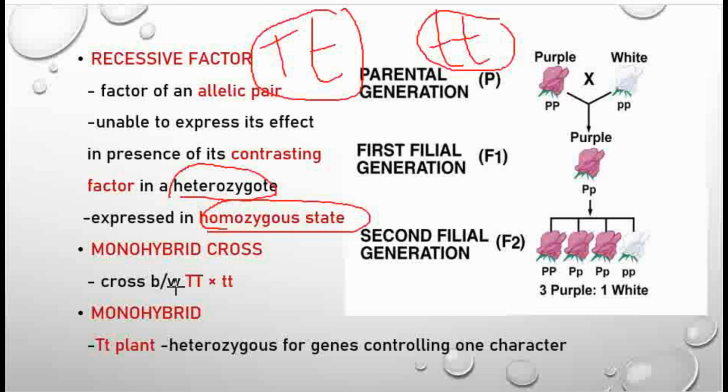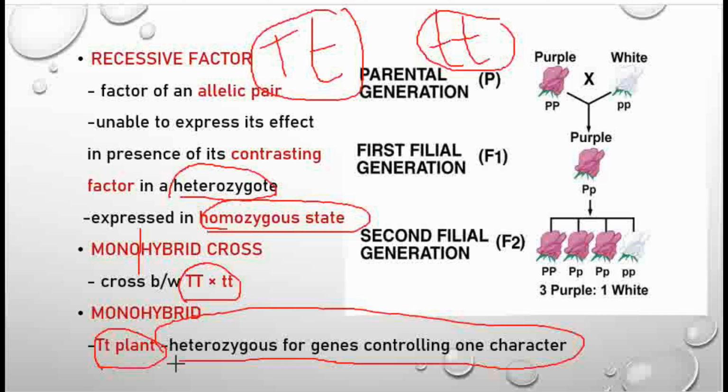So coming to monohybrid cross. In monohybrid cross, mono means single, hybrid. So the cross between capital T small t is known as the monohybrid cross. And what we call a monohybrid here is this capital T small t plant. So this is heterozygous for genes controlling one character.